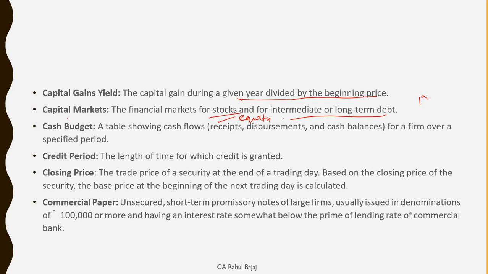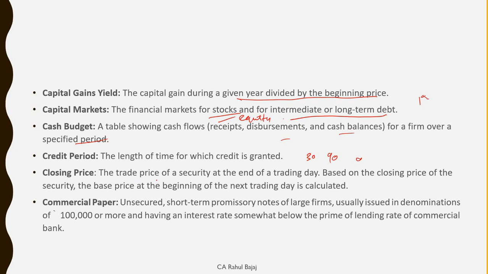Cash budget, a table showing cash flow, receipts, disbursements, and cash balances of the firm over a specified period. So that is the cash budget. Credit period, the length of time for which credit is granted, say 30 days, 90 days, etc. Closing price, we have discussed already, may be repeated at the cost of repetition.